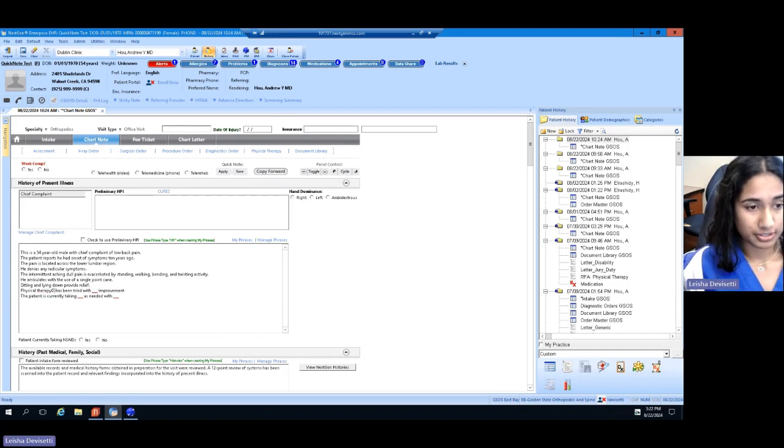And so you can just say physical therapy has been tried with, and I kind of just rotate through these words like temporary or minimal or partial, or just altogether remove it if it did really help. And so I'm just going to say this provided him with temporary improvement.